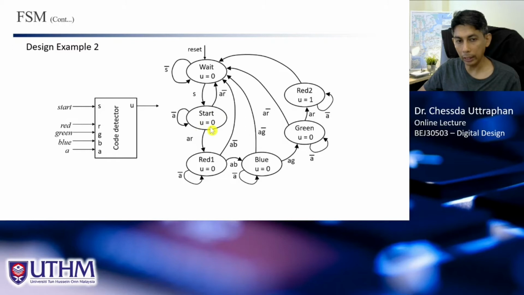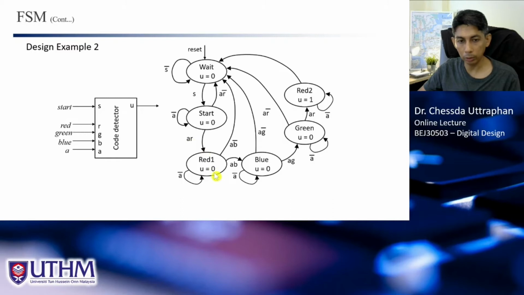Here we only look at the red signal, R. If R equals 1, we go to the next state called red number 1. Only R equal to 1, meaning you pressed the red button, forces the transition from start to red 1. And of course, when you press the red button, A is also activated, so A equals 1, R equals 1.